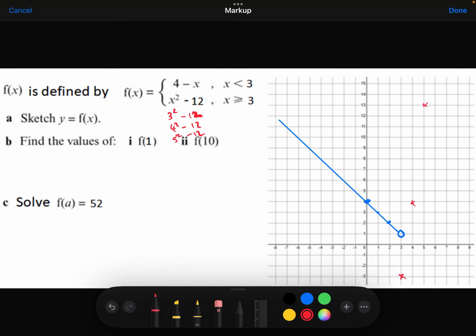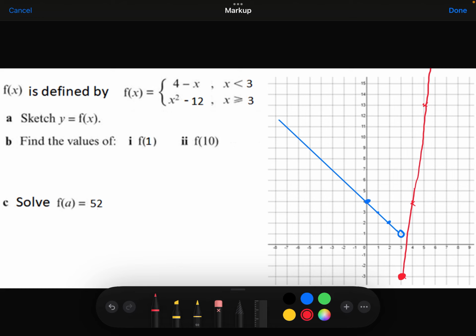And so my quadratic would look something like that. And we do include 3, so I am going to shade the circle at x equals 3 for the quadratic.